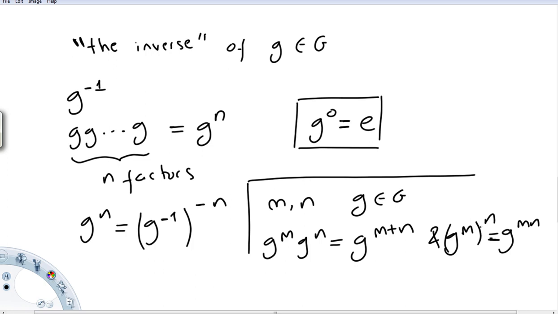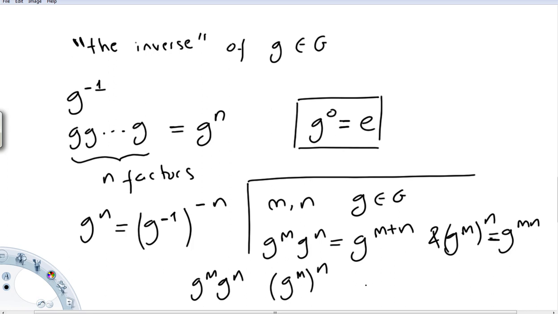Now in spite of manipulating these group expressions like this one, they are the same, because they coincide with the laws of exponents for real numbers.